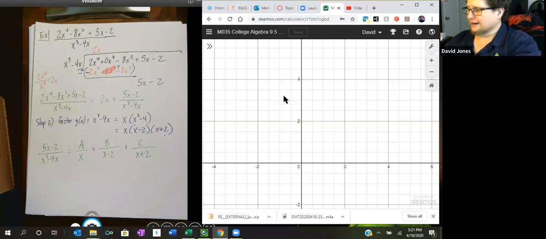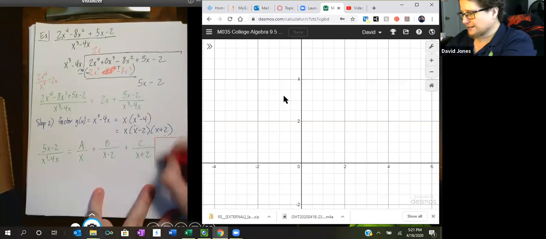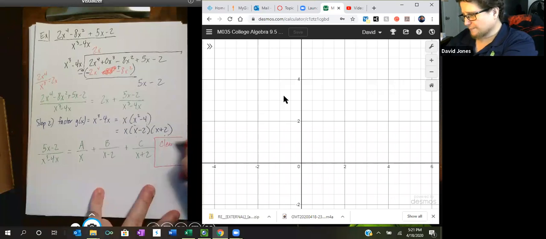And the algebraic technique we're going to use, clear fractions via multiplication. Multiply by g of x.